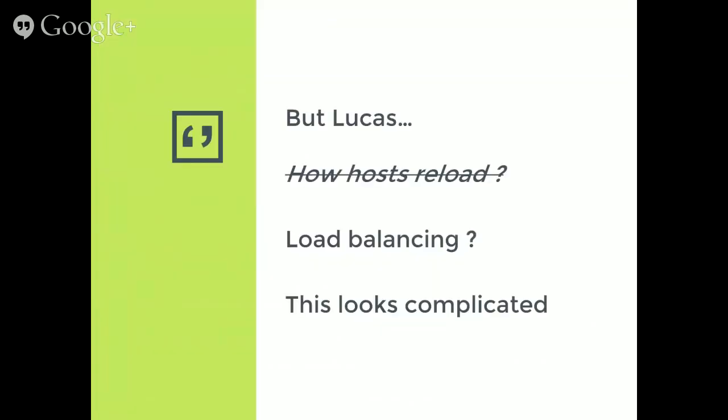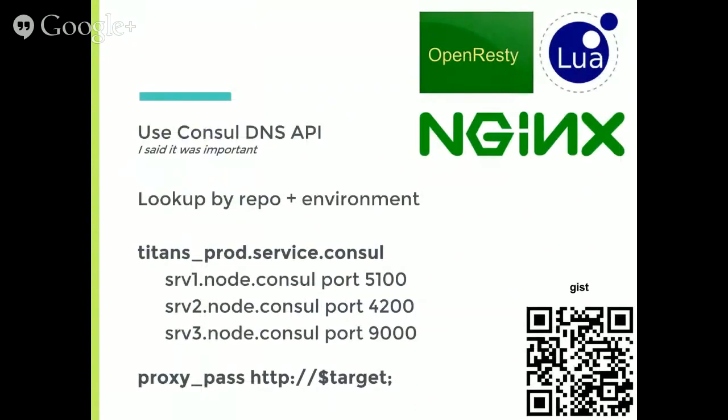For load balancing, we also got Nginx with OpenResty and Lua, which means we were able to configure our load balancer just using Lua scripts. And in here, we would use the Consul DNS API to determine which server to send a request to. Let's say we receive a request for titans.uken.com. We know that internally we should route that to titansproduction.service.consul.